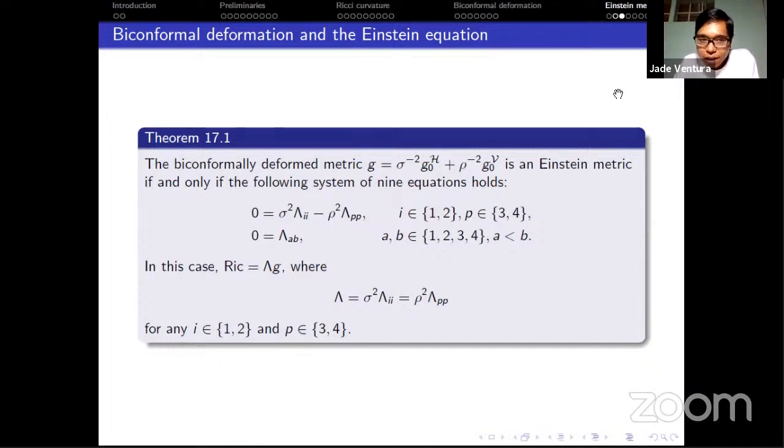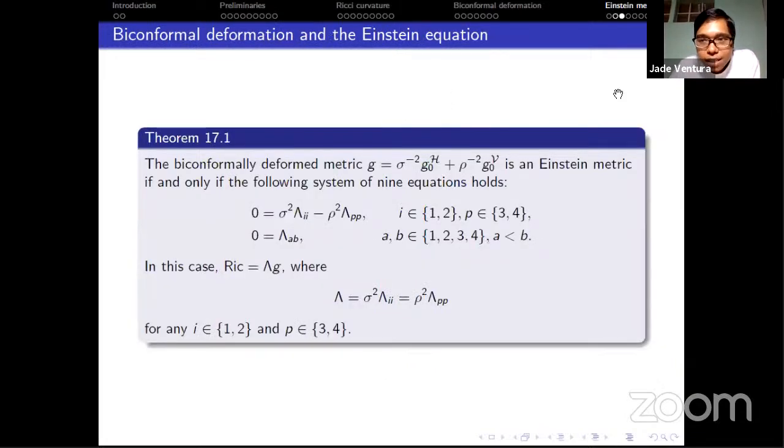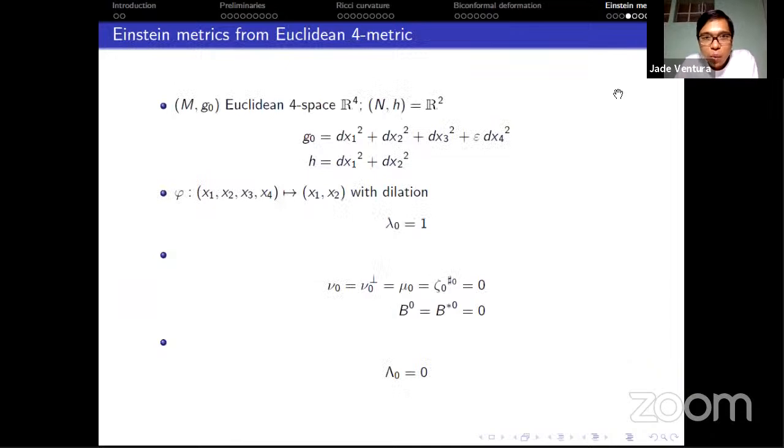And in this case, the constant of proportionality lambda is equal to either sigma squared lambda II for any I, or rho squared lambda PP for any P. So using this main general template theorem as our guide, we discussed a very simple example of G naught being the usual Euclidean form metric.